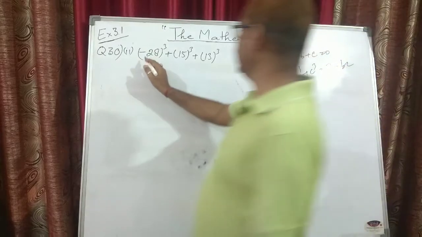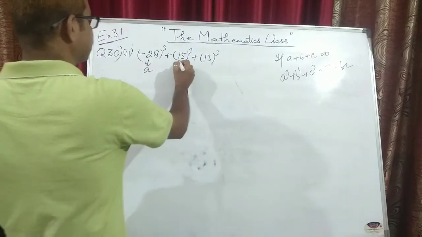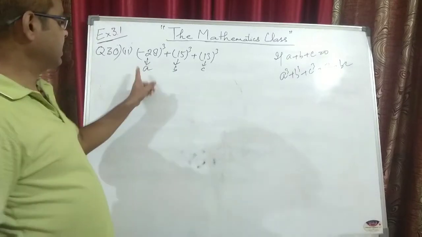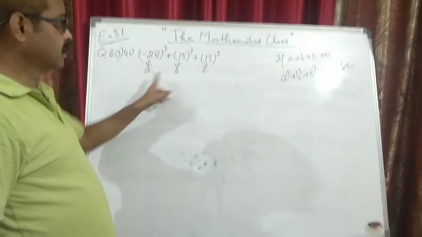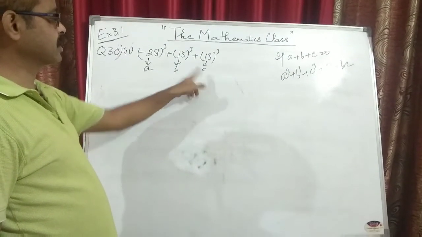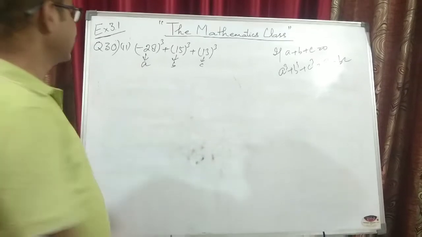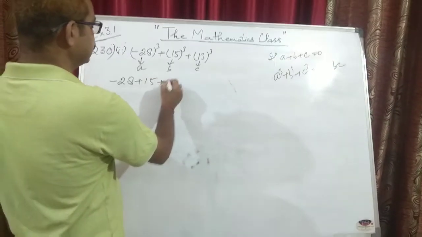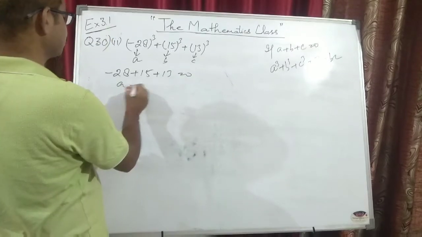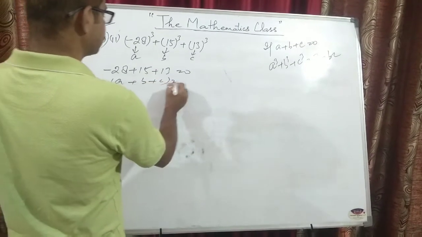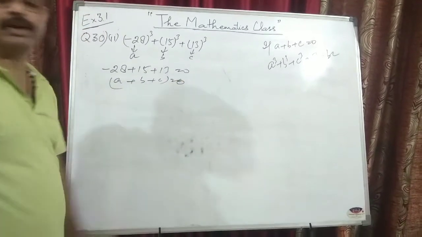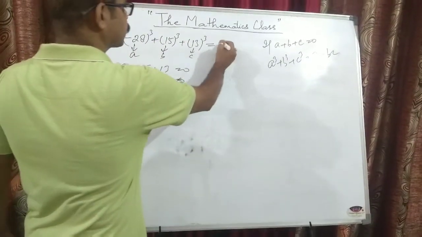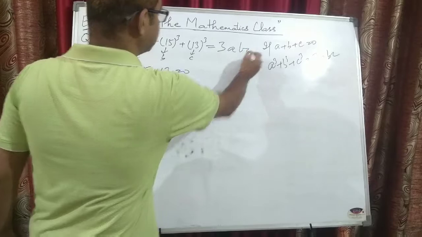Now if you look at this, a is minus 28, b is 15 and c is 13. Minus 28 plus 15 and plus 13 will make plus 28, and this minus 28 is 0. It means you can easily make out that a plus b plus c is equal to 0. So simply you can say that a cube plus b cube plus c cube is equal to 3abc.